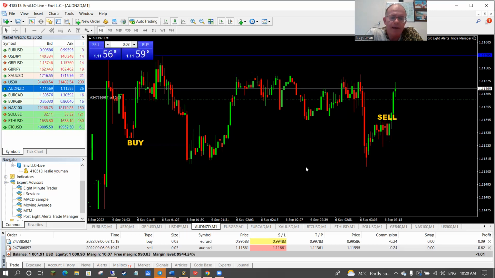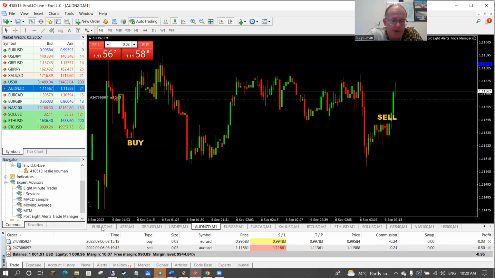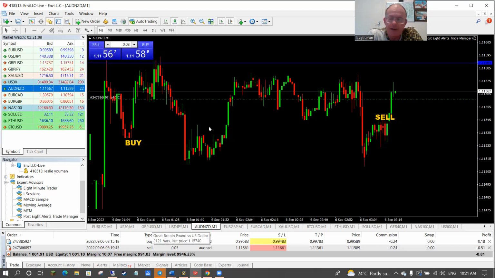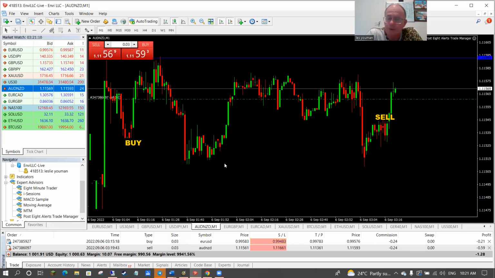And also I don't want any of those 3 pairs to be closely correlated. And what I mean by correlated is Euro USD and Pound USD, because they both have USD in them, are quite closely correlated. So if this one goes up, Pound USD most often would go up as well.